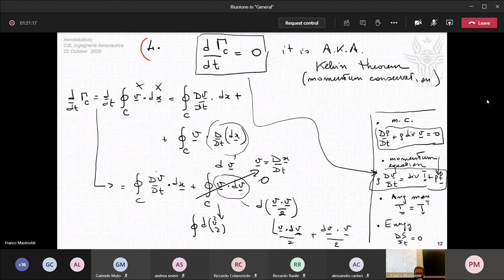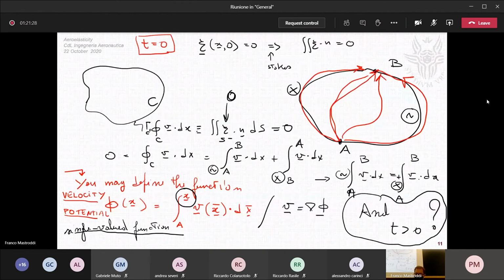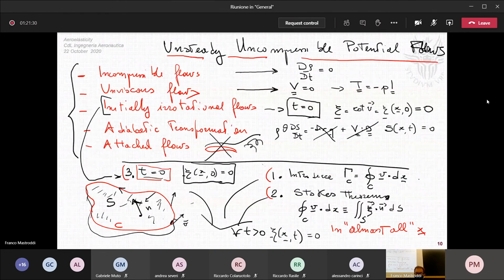And so this derivative is equal to the divergence of T. But what is the divergence of T? The hypothesis here is that T is the reversible part only. So the divergence of T is identically equal to minus the gradient of p.